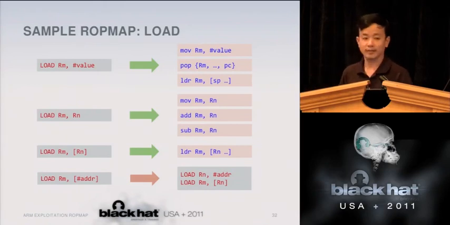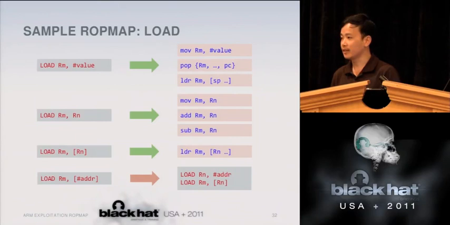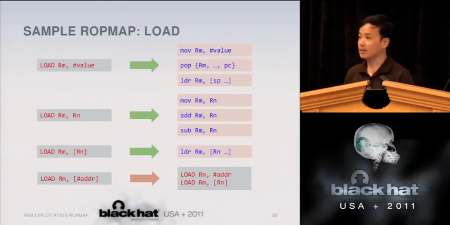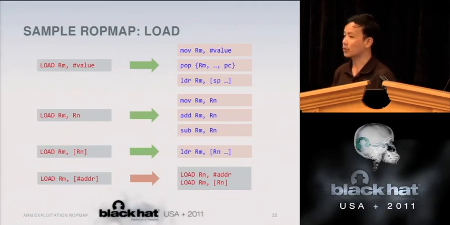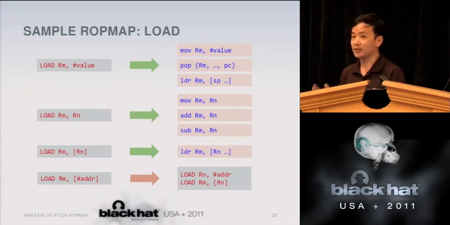So for load value to register, we can map to three gadget instructions. For load register to register, similarly, we can have three possible instructions, like move register to register or add register.